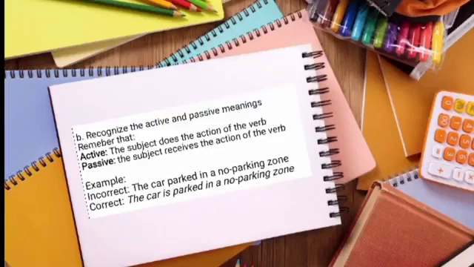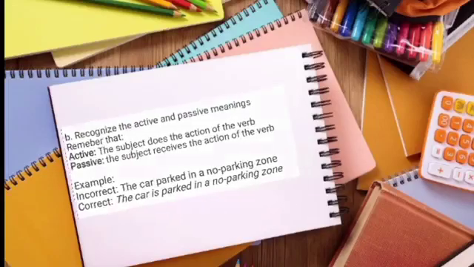So, let's see the car. The car here does the action or receives the action. It is sure that the car here receives the action. It is possible for the car to do the action only if the car parks itself. Here it is parked by someone. So the correct one is the car is parked in a no parking zone.